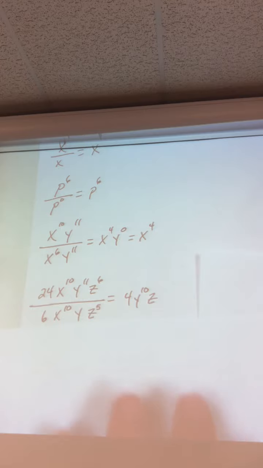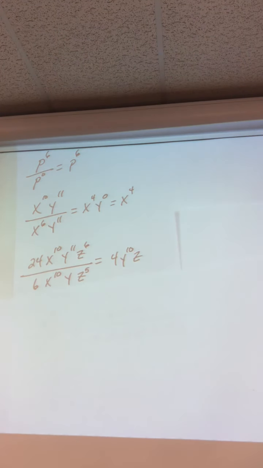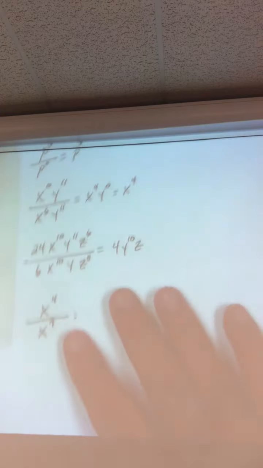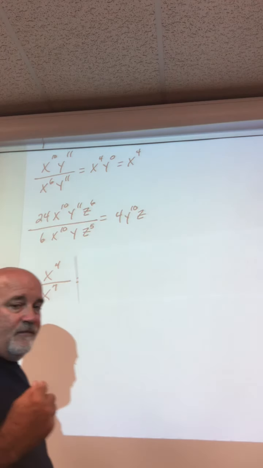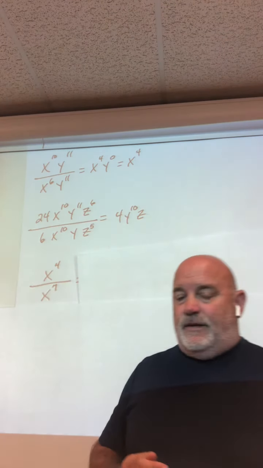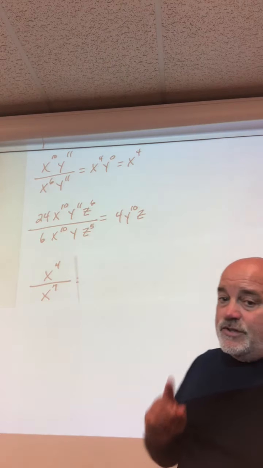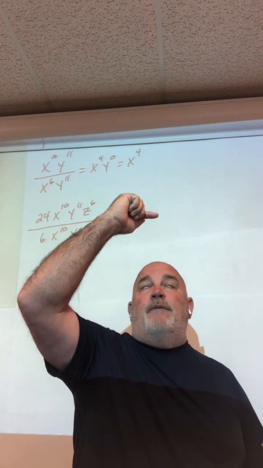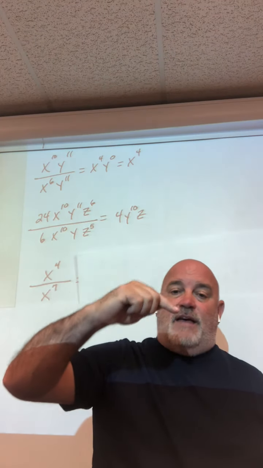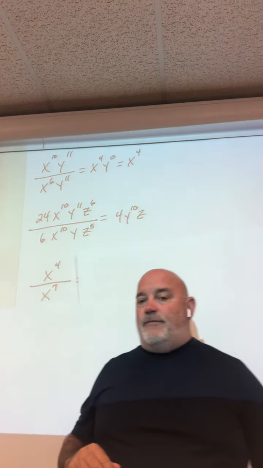Now, if you will notice on these problems, all of the problems that we've done, the letter with the bigger power was on top. Now, let's look at this right here. Suppose you have x to the 4th over x to the 7th. Now, remember, subtraction is not commutative. So if you do 4 minus 7 and you do 7 minus 4, do you get a different answer?